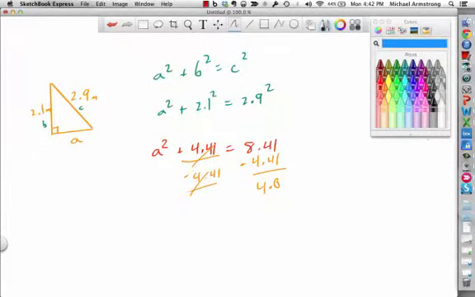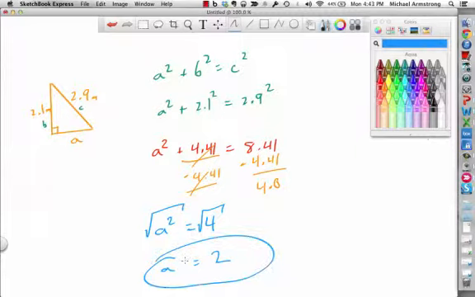So that gives us that a squared is equal to 4.0, because 8.41 minus 4.41 is 4.0. And the square root of a squared is the square root of 4, so a is equal to 2. Or a could be negative 2. But we're usually going to keep those positive numbers going here. A is equal to 2.